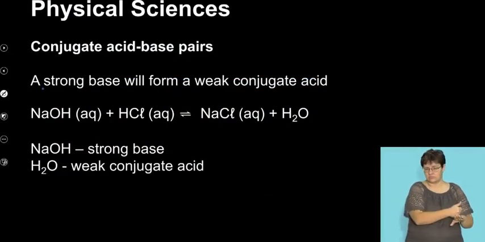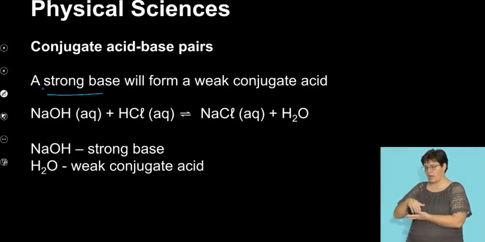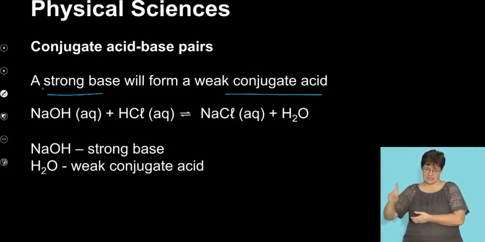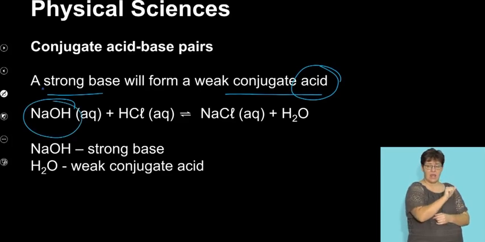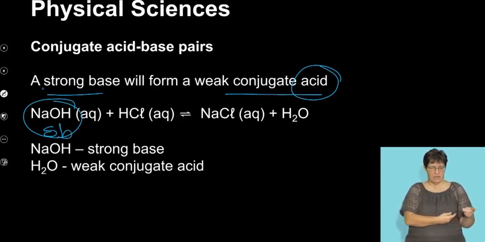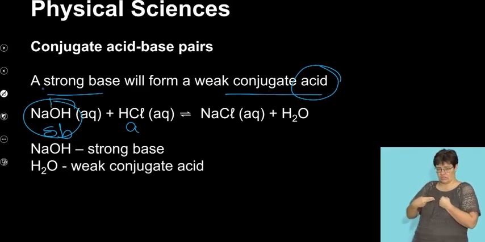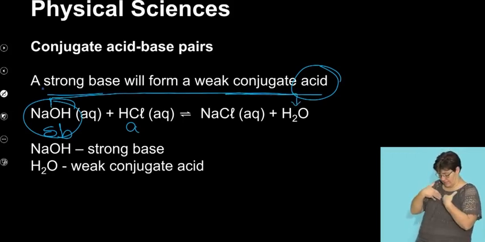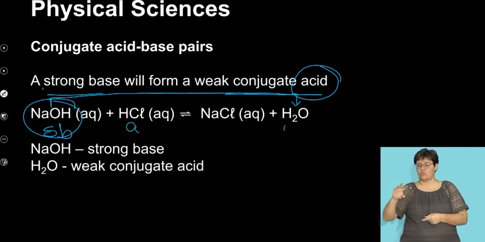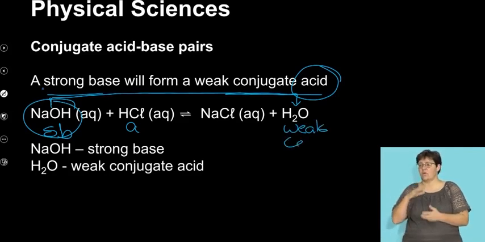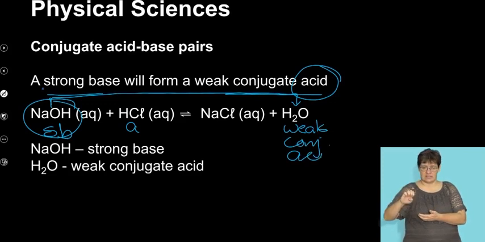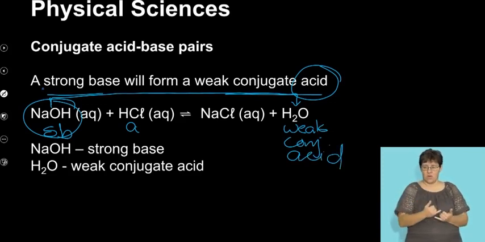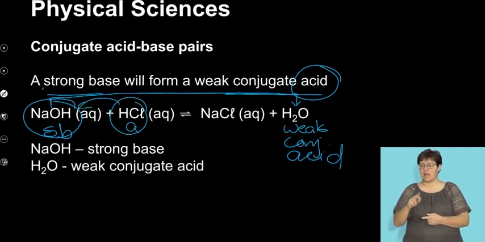When we look at a strong base, it will form, as we know, a weak conjugate acid. If we look at sodium hydroxide, which is a strong base, and we have this strong base react with an acid, then the strong base will now receive a hydrogen ion or a proton, making water my weak conjugate acid for this reaction, and sodium chloride coming from the hydrogen that's actually given away.